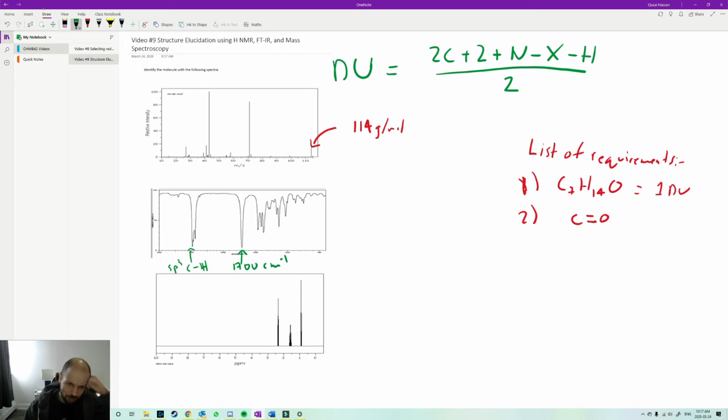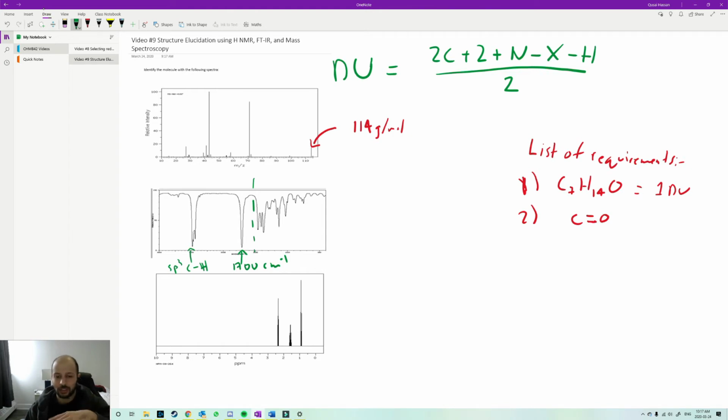Usually the region I look at is around here and anything below 3000. Honestly, there's not much more information to gain from this IR, because the rest of the peaks are in the fingerprint region. We don't want to go into that mess, so I'm going to move on to my NMR.